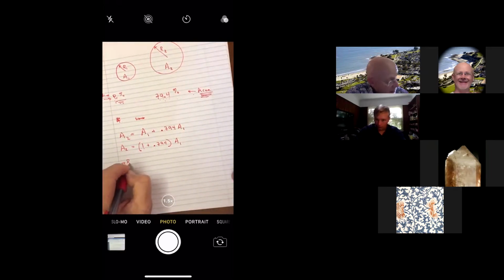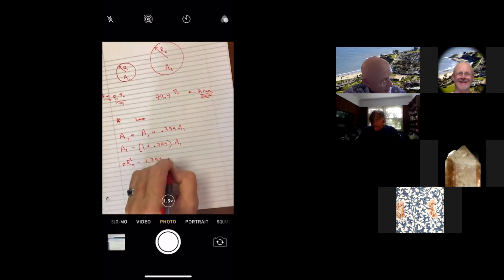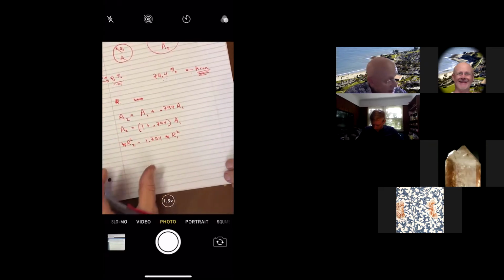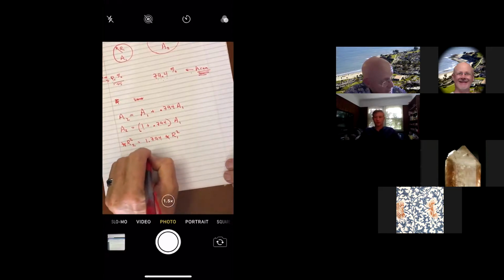Yeah, pi r2 squared equals 1.794 times pi r1 squared. There's a pi on each side, so I'll get rid of those. But here's the magical step. To get radius number 2, I would take the square root.